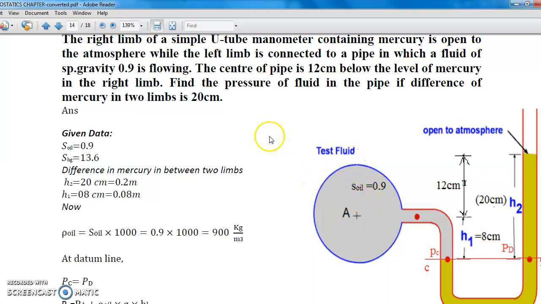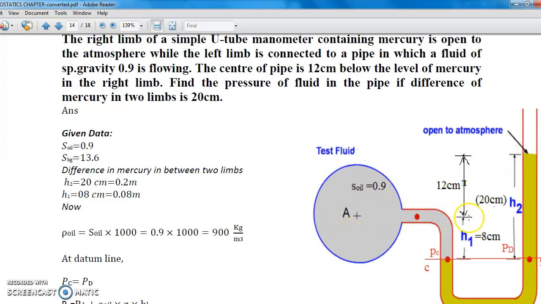Now second, the center of the pipe is 12 centimeter below the level of the mercury in the right limb. Here you see this is the level of the mercury in the right limb, and this is the center of the pipe.